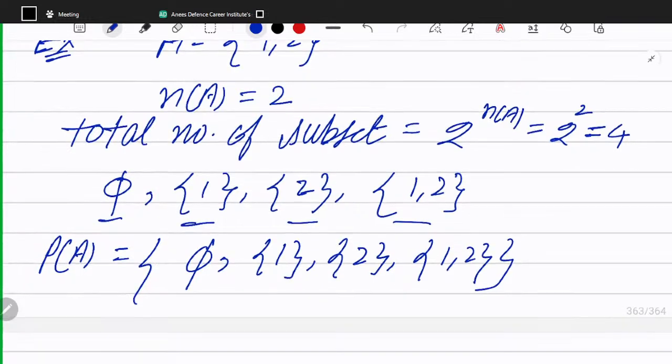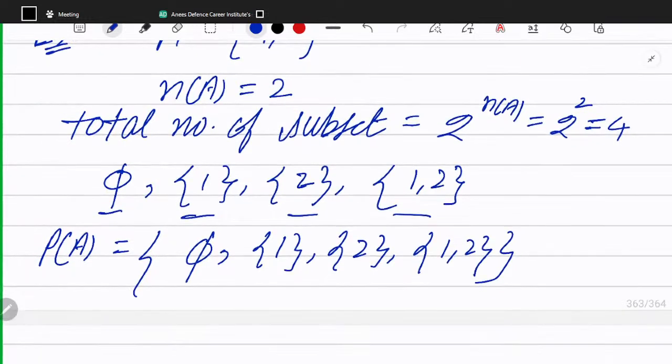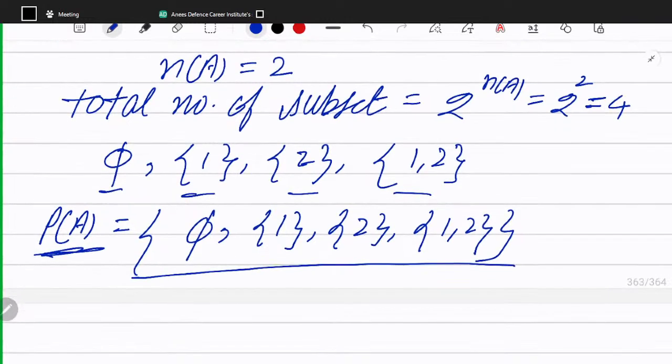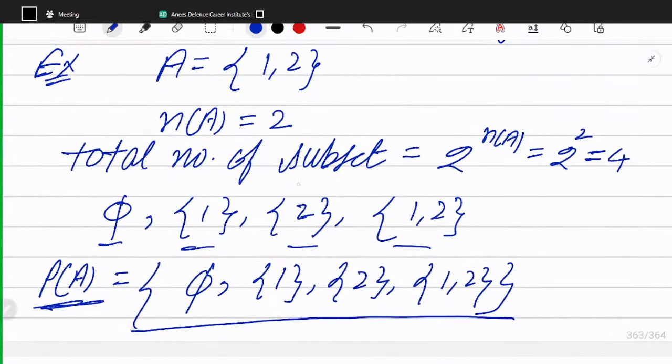This is a power set: a set containing all the subsets of that set, which are treated as elements of this set. That means this is known as the power set of A. Anyone who has any doubt? The total number of subsets, this is the formula, is equal to 2 to the power number of elements in set A.